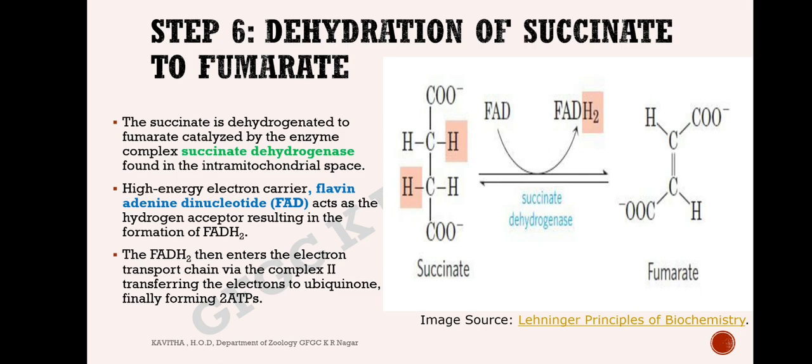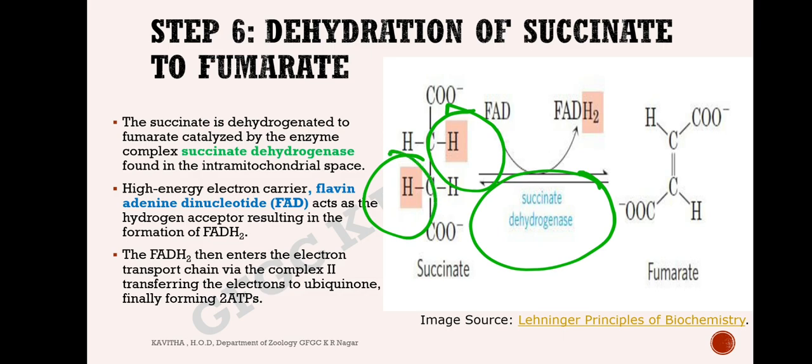Protons will be eliminated from the succinate, and here succinate dehydrogenase is the enzyme that is involved. So these hydrogen atoms are added to FAD, that is flavin adenine dinucleotide. FAD is reduced to FADH2.